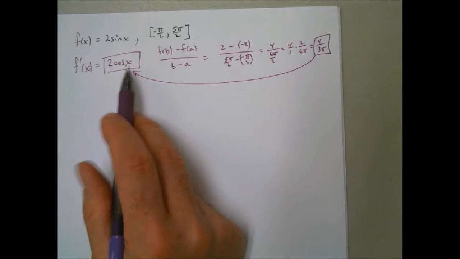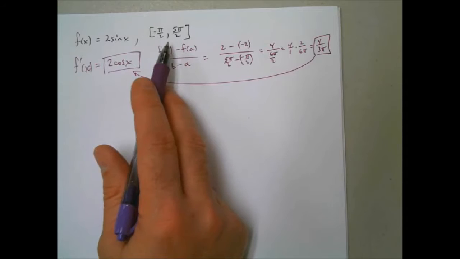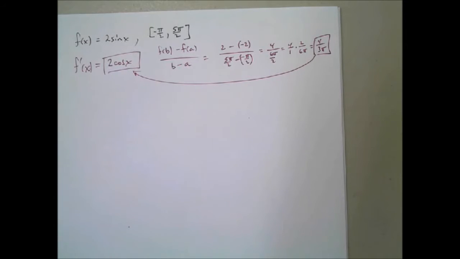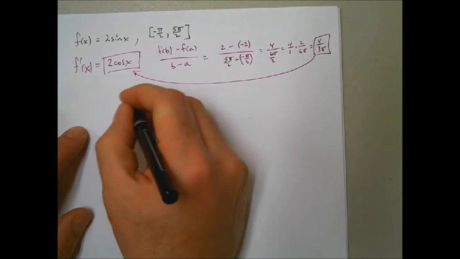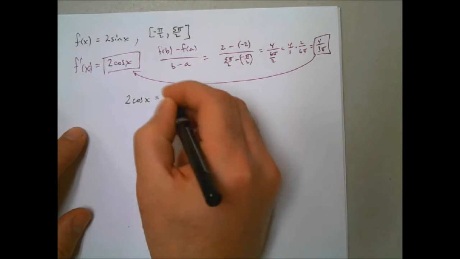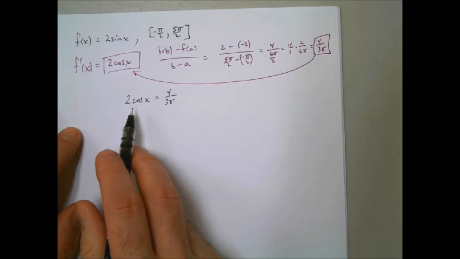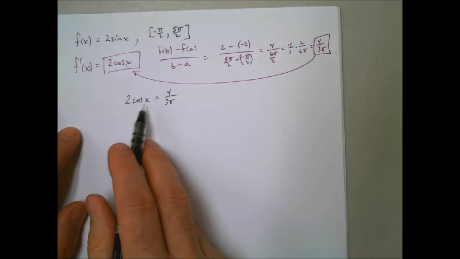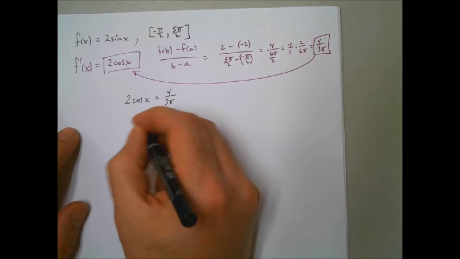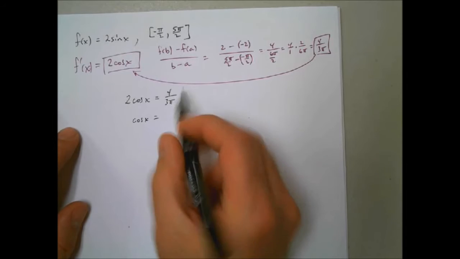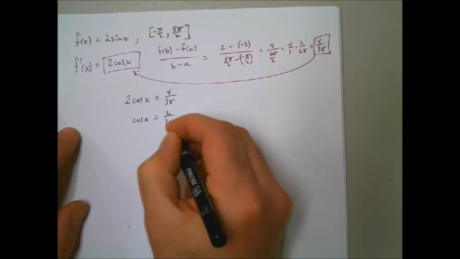You don't have to. We're going to find all c that are in that open interval. Okay, so we've got 2 cosine x equals 4 over 3 pi. And so you go, oh, I should go ahead and multiply by 1/2. So cosine x equals 2 over 3 pi.